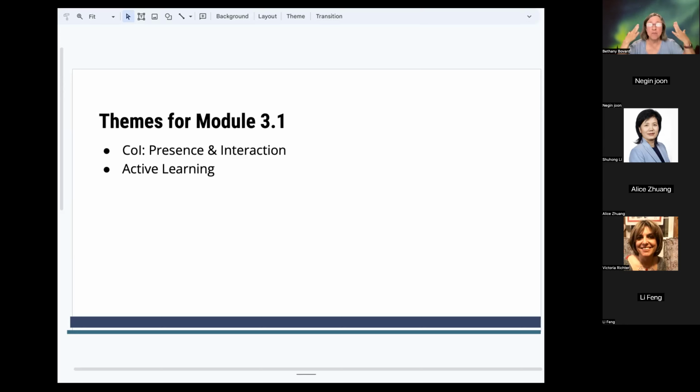There's a lot of presence. That is, they're mentally present, they're socially present, and they're present with you. There's a lot of interactions going on between the students, between a student and content, or a group of students and content, and between you and the student. All of these things take place naturally in a face-to-face setting.